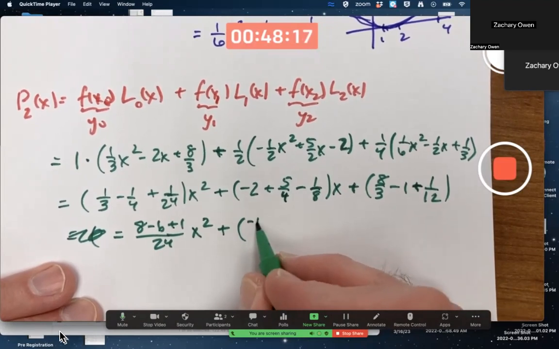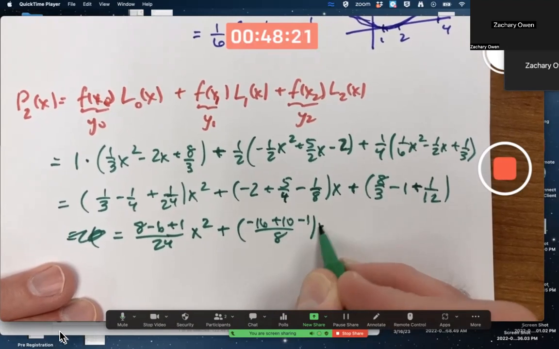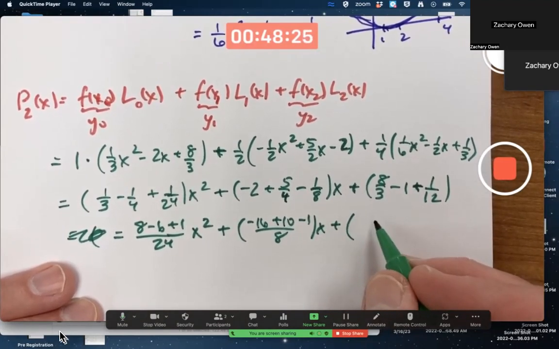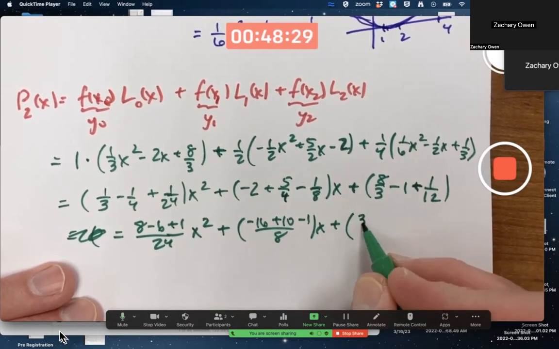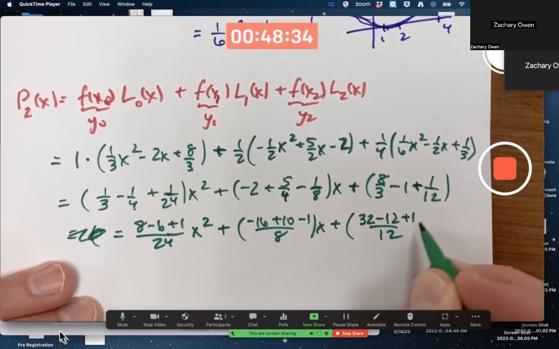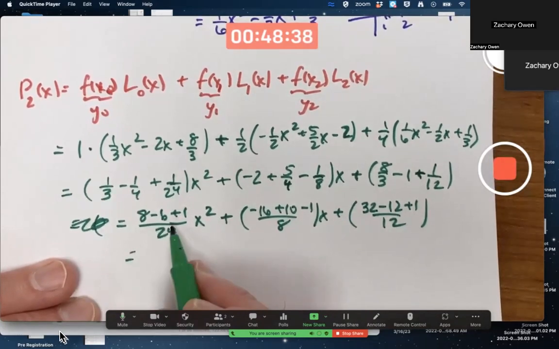We'll have negative 16 plus 10 minus 1 over 8. And this one, get everything over 12. 8/3 would be what? 32 over 12. So yeah, this is 2 plus 1 is 3. 3 over 24, it is 1/8.